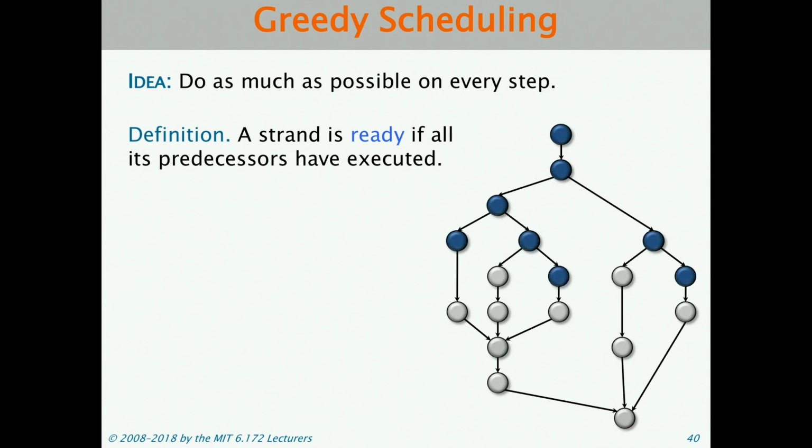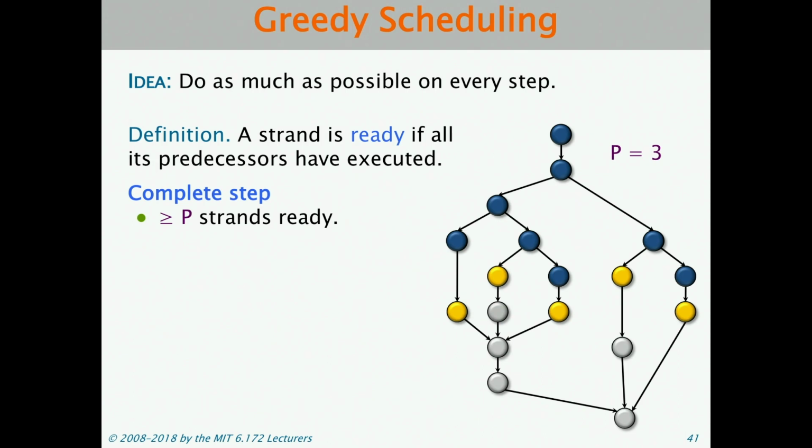In this example here, let's say I already executed all of these blue strands. Then the ones shaded in yellow are going to be my ready strands because they have all of their predecessors executed already. There are two types of steps in a greedy scheduler. The first kind of step is called a complete step. In a complete step, we have at least P strands ready. If we had P equal to 3, then we have a complete step now because we have 5 strands ready, which is greater than 3.